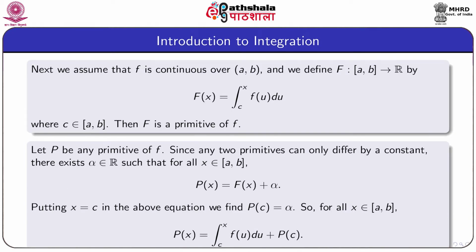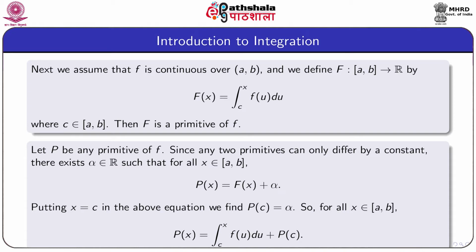Next, we assume that the function small f is continuous over the open interval AB. We define a function capital F over the bounded closed interval AB to R by capital F(x) equals integral c to x f(u) du, where c is an arbitrary point in the bounded closed interval AB.